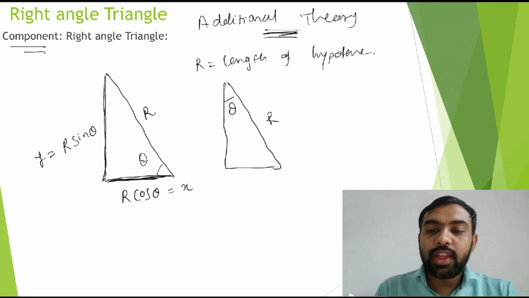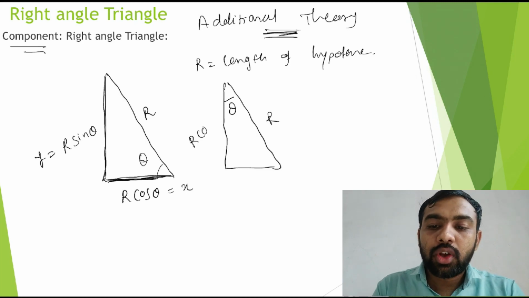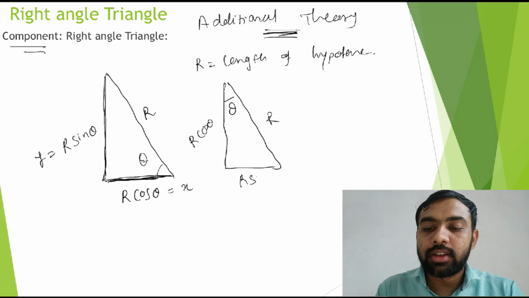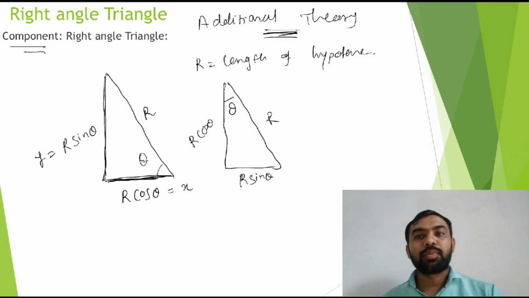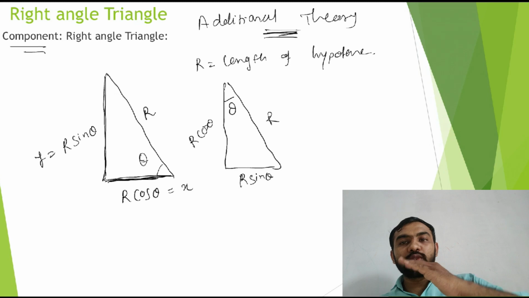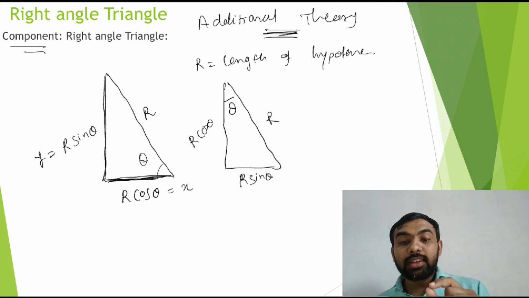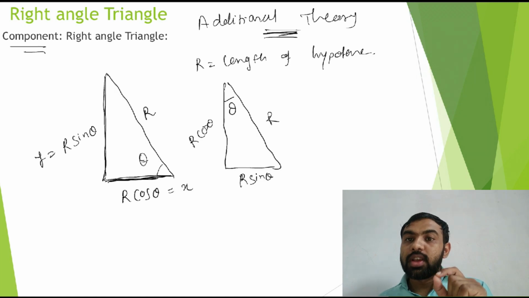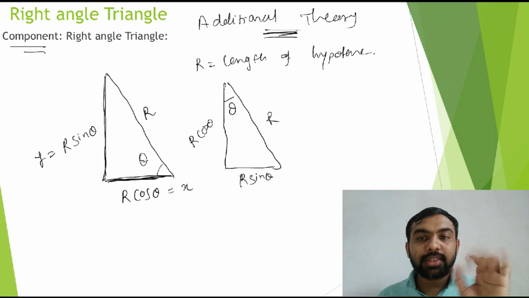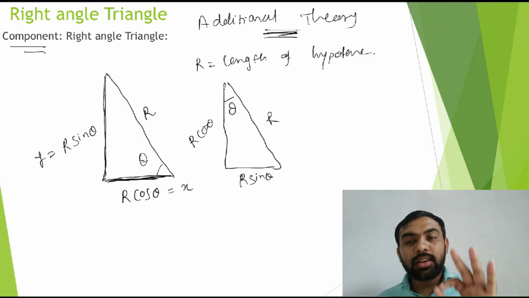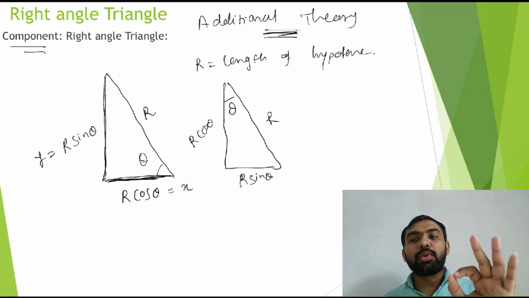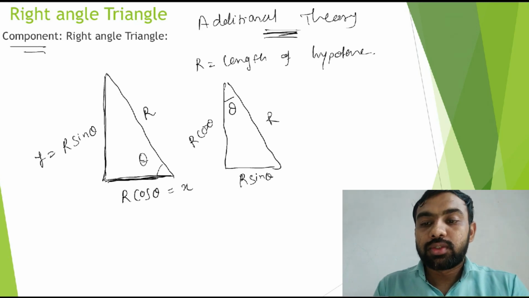Then this becomes r cos theta and that becomes r sin theta. Remember, I am not saying horizontal is cos and vertical is sin. The adjacent component of theta is cos and the opposite component of theta is sin.